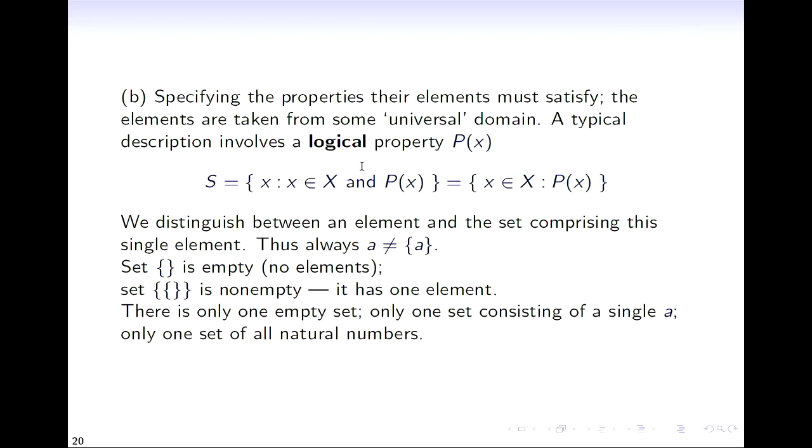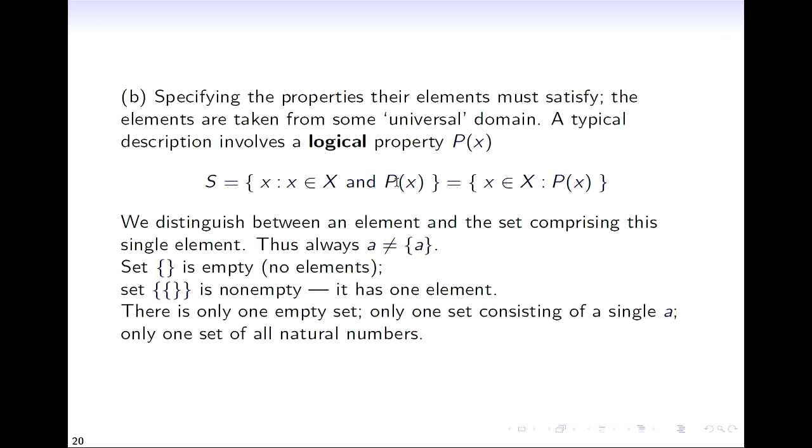And then a typical implicit description of a set would look like this. It would say, I'm defining a set S as the set that contains all elements of the form X, which come from a universal context and do satisfy a certain property.